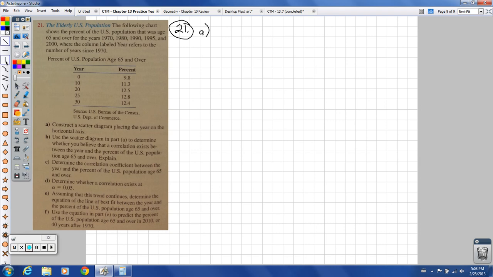Okay, so I'm going to get out my straight line tools, and I'm going to be going up to 30. I'll go in increments of 5. That looks like a good way to go. And then my percent, looks like I can start close to 10 and go up to 12. I'm not going to need too much there. So I'm going to go up by 0.5%, starting at 9.5%. I'll put a little break in there. It seems like a good way to go for me.